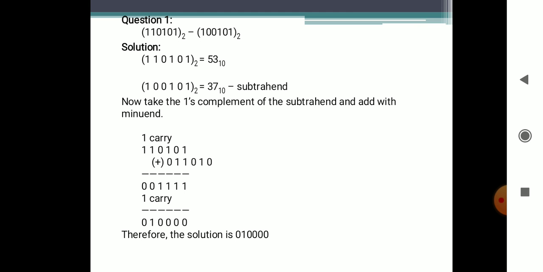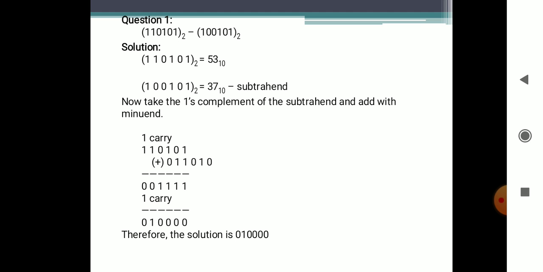Then 1 plus 0, again it will be 1, and 0 plus 1, 1. The next place is 1 plus 1. 1 plus 1 gives 10 as result. In binary addition, 1 plus 1 gives 10 as the result. So we can write 0 as the result and 1 as the carry.